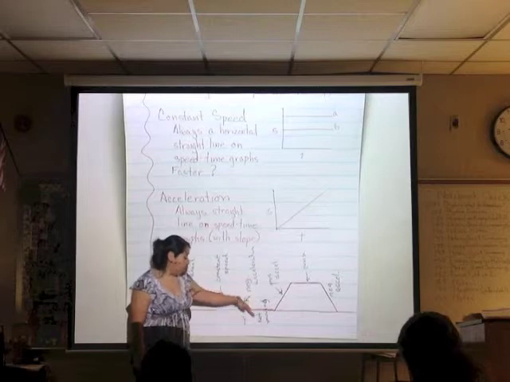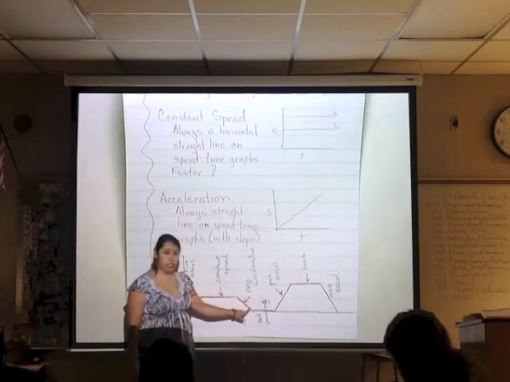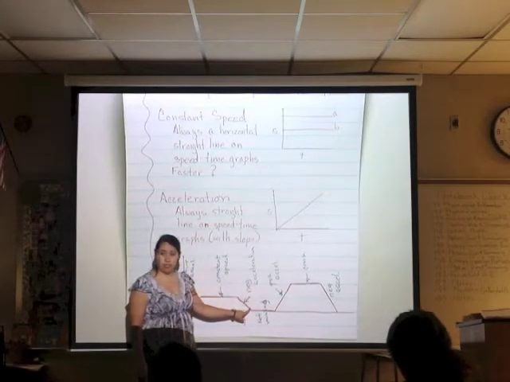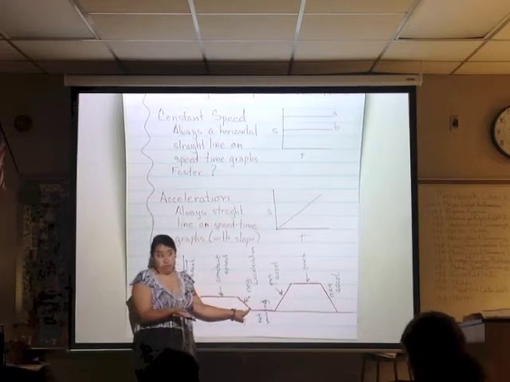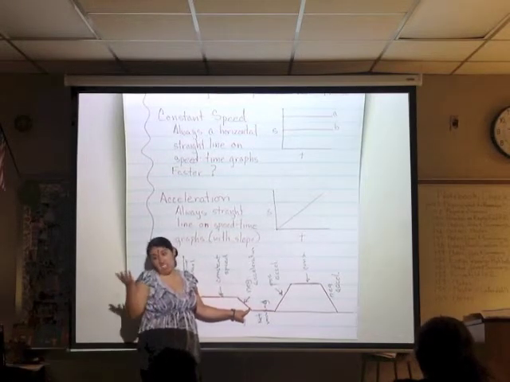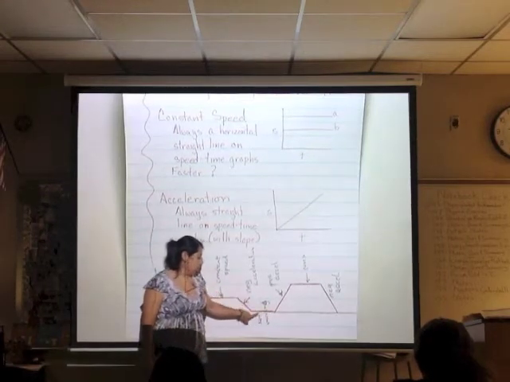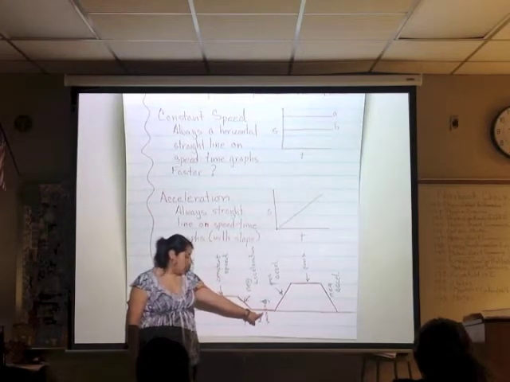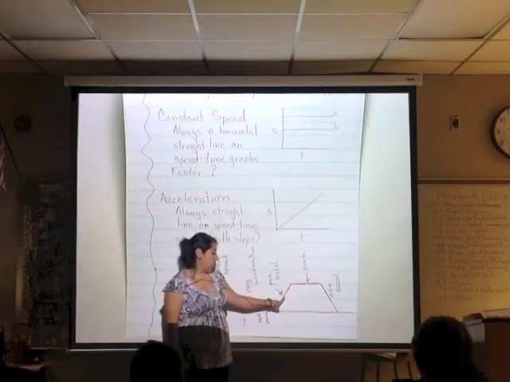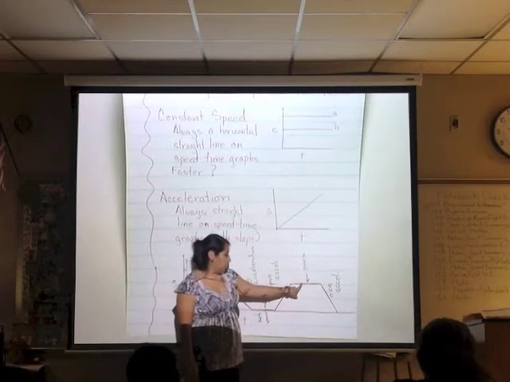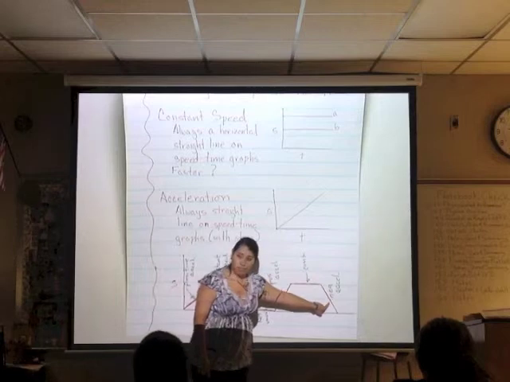Then it comes down, so the speed is decreasing. What's happening here? Slowing down, or we would call it negative acceleration, right? Here, then I have a line right here at the bottom. Constant speed. Then acceleration. Constant. Negative acceleration.